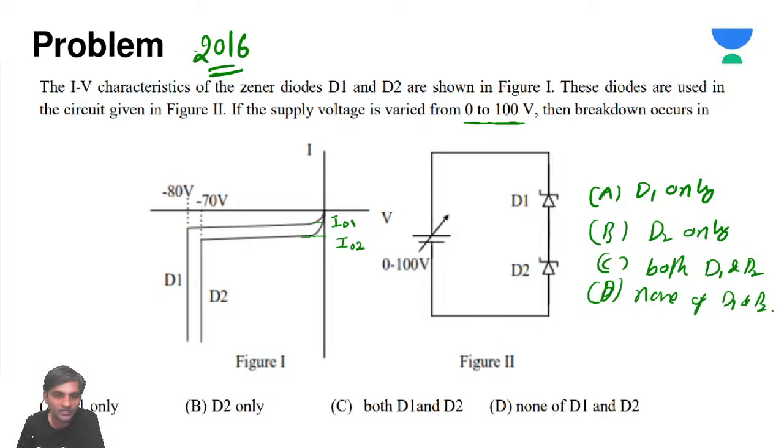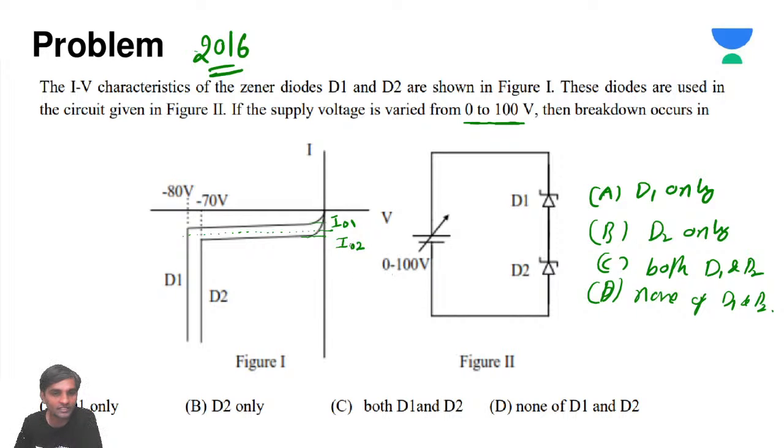So now you can see here, if you choose a current in between these two, when I am increasing slowly from 0 to 100 volts, the current slowly increases.